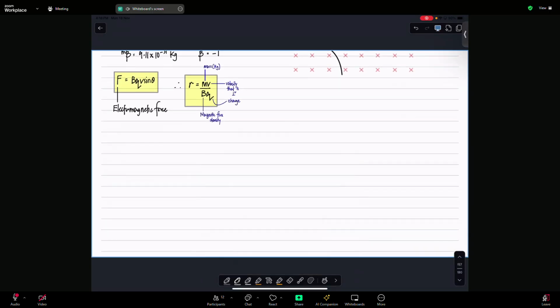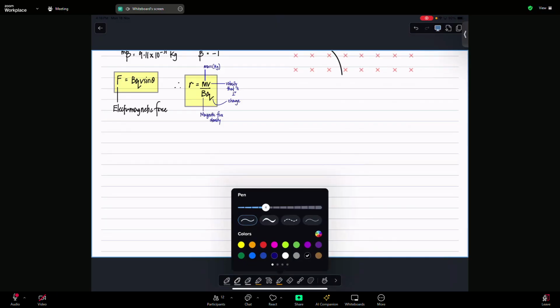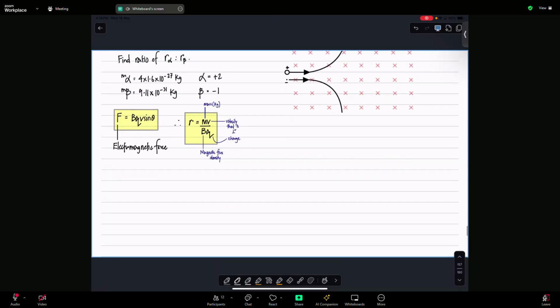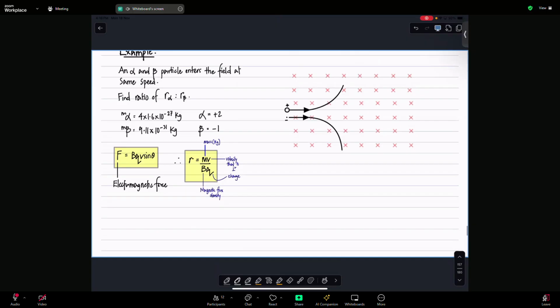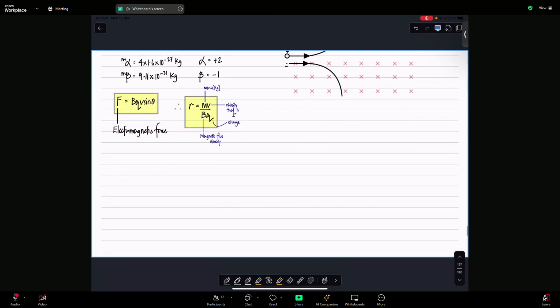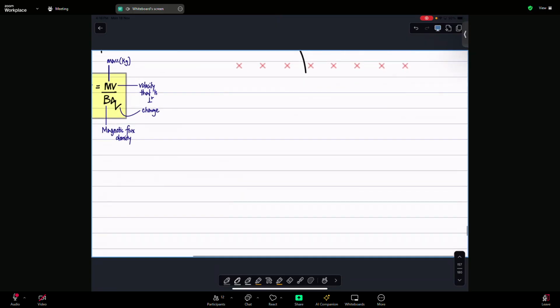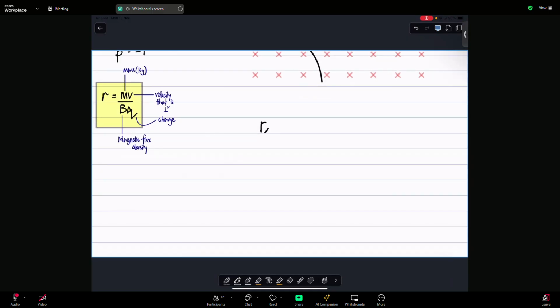Okay, so let's see how to solve this. Questions on ratios are best approached if you know which equation to use. Which equation do we have here that has radius in it? Yep, r equals mv divided by Bq. So the radius of alpha equals the mass of alpha times the velocity of alpha, divided by the magnetic flux density that alpha experiences times the charge that alpha has.